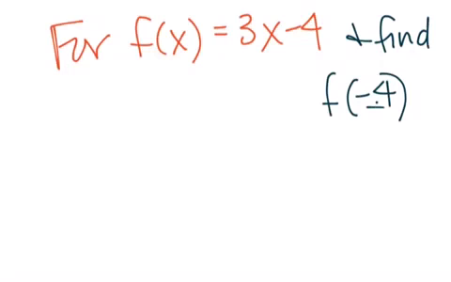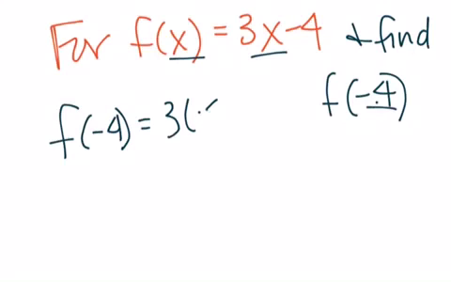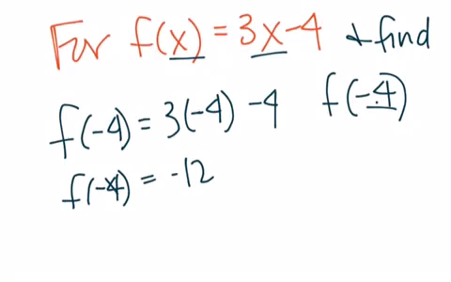All you're going to do is plug in -4 for where your x values are. So we have f of -4 equals 3 times -4 minus 4. Okay? So when x equals -4 in f of x, it's going to equal -12 minus 4.